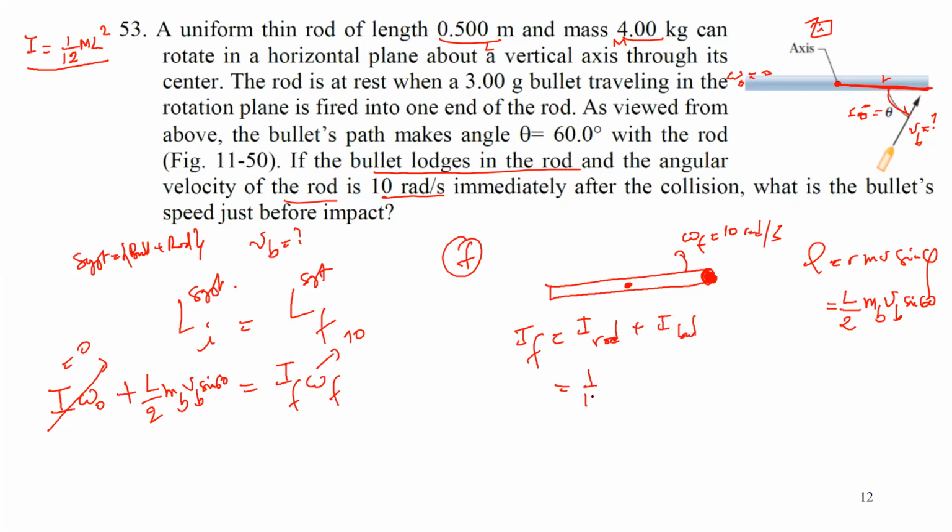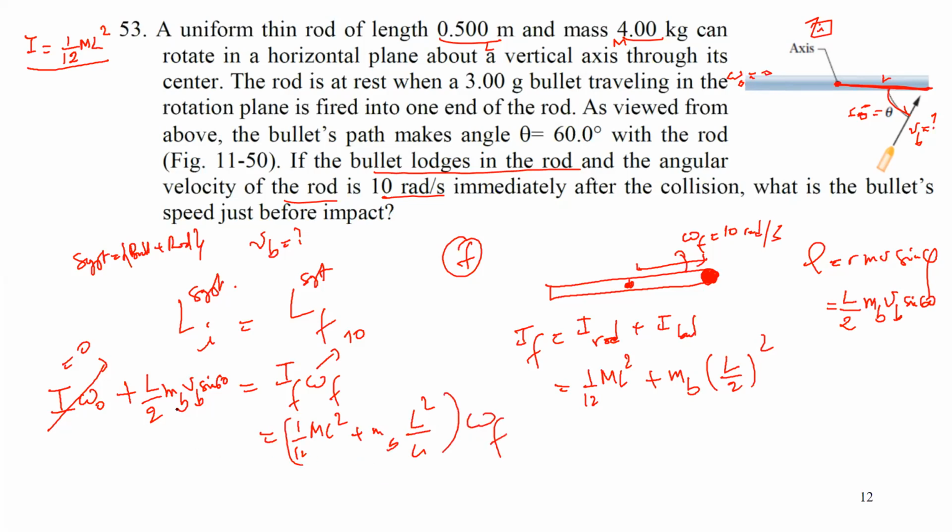So it will be 1/12 of m L squared plus, now here I have a particle of mass m_b at a distance L divided by 2 from my origin. So it will be (L divided by 2) squared. That's it. So here I will have 1/12 of m L squared plus m_b L squared divided by 4, multiplied by omega final. And this is equal to this.